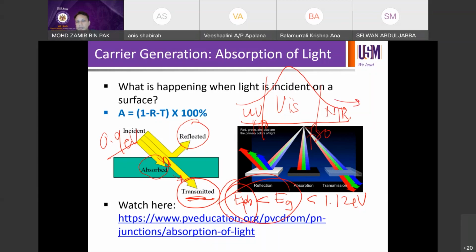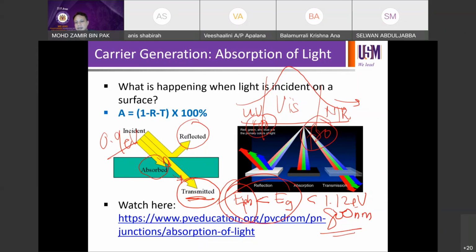So you can then relate. I think you have been learning in your first year and second year how to convert wavelength into photon energy, right? You know already how to convert, isn't it? If I tell you the photon wavelength is 800 nanometer, for example, then you already know how to convert to photon energy.